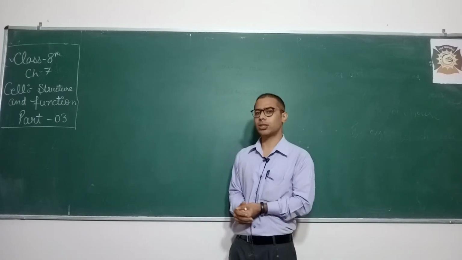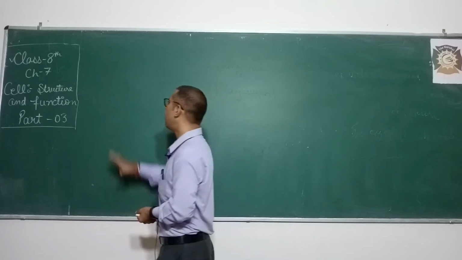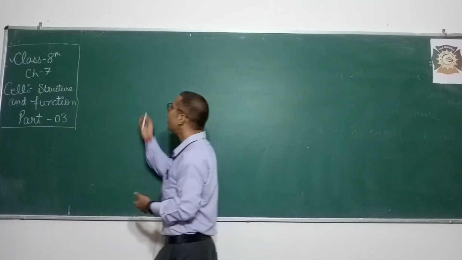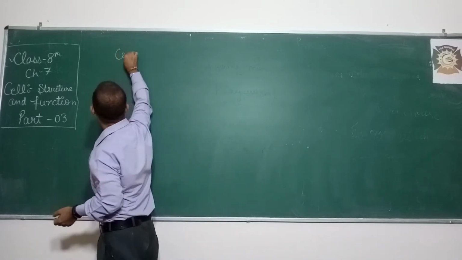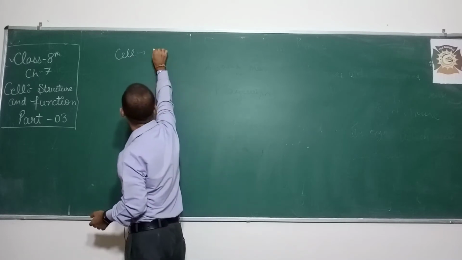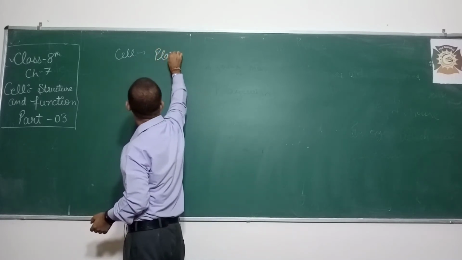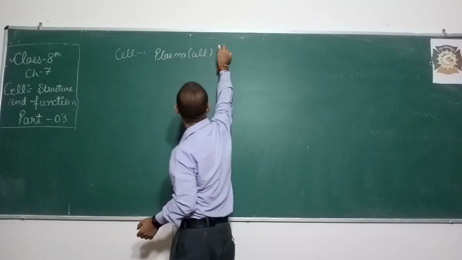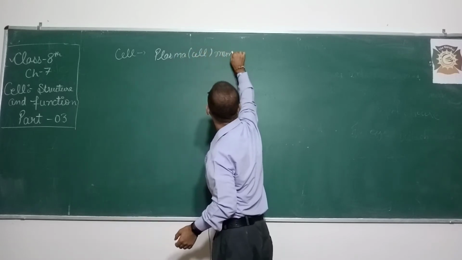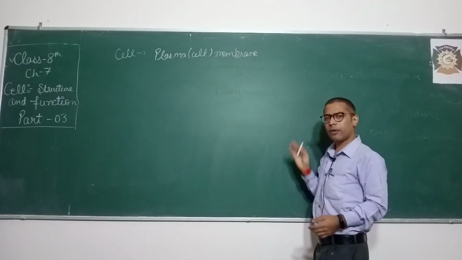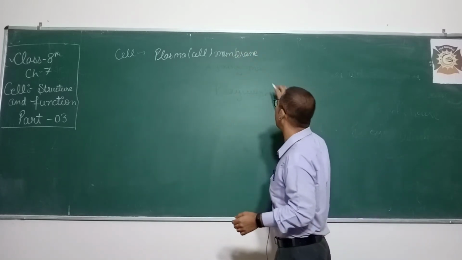In today's lecture we are going to study the structure and parts of the cell. A cell is made up of three main parts. The first part is known as plasma membrane or cell membrane, the outermost part of the cell. One by one we are going to study them.